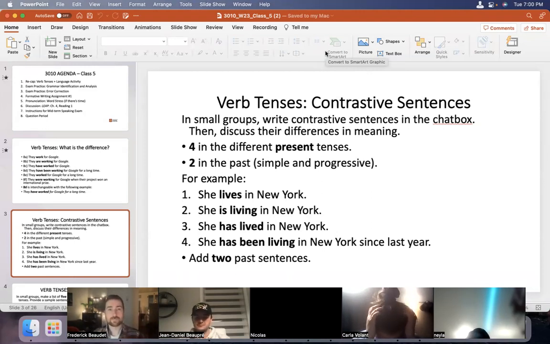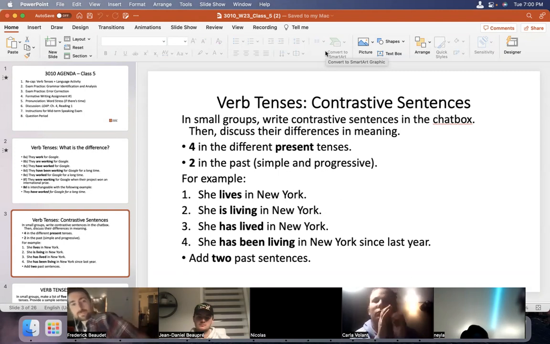Okay, now look at number 3. She has lived in New York. Where's my verb? Lived. Where's my subject pronoun? She. Excellent. Now, I have another word there, has. What is that? The auxiliary. Bingo. So if I have an auxiliary, do I use did or does or do?